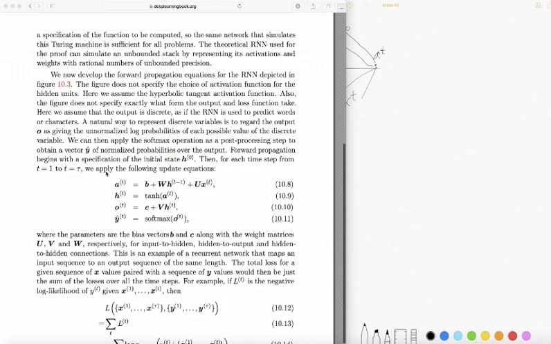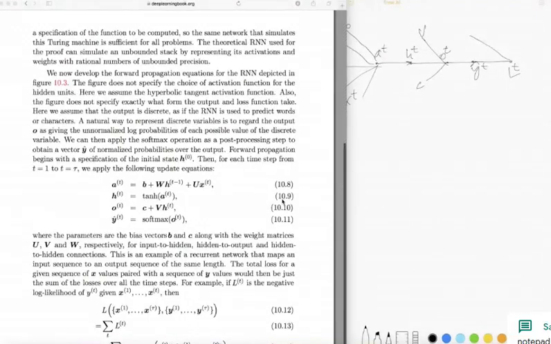Then you go into h_t, and then you go into o. So h_t only depends on a_t, as is clear from equation 10.9 that we just wrote. o_t depends on three things: c, V, and h_t. And finally, y hat t just depends on o_t. And after that, the loss function L_t depends on y hat t and the true label y_t.